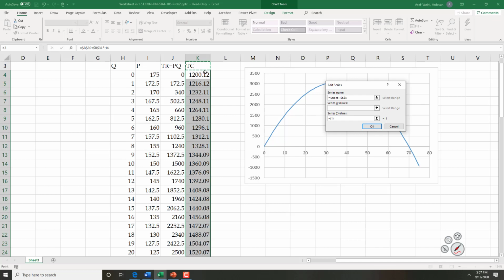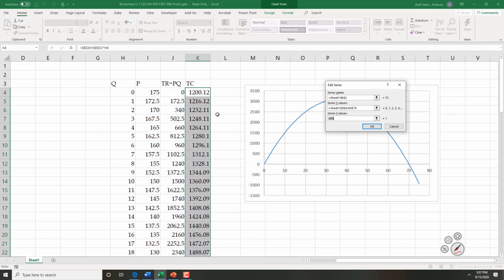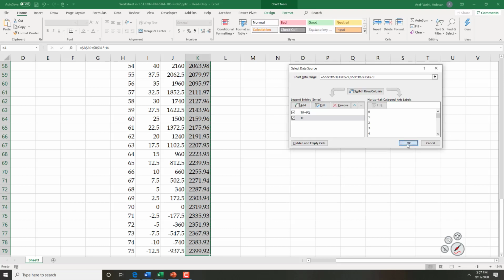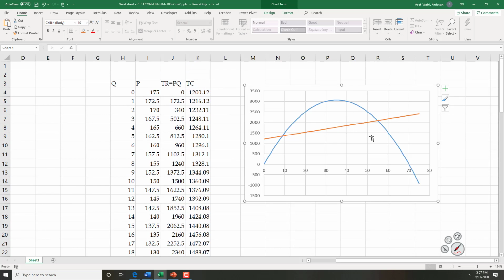I'm going to add total cost, tab, and then I'm going to select my X values, which are Control Shift down, tab, and then I select my Y values, Control Shift down, and OK, and OK. Now I have the total cost curve added to the total revenue curve.